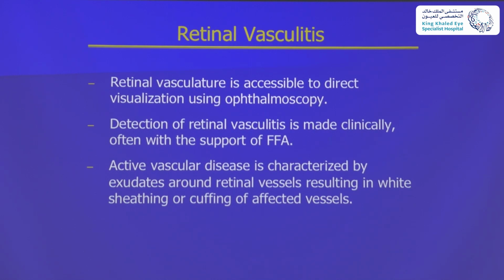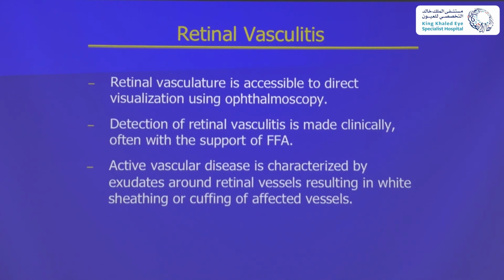In ophthalmology, we are lucky because we can see the retinal vessels with our ophthalmoscopes. We don't need to take a biopsy to examine the retinal vessels, so it is accessible to direct visualization. Therefore, the diagnosis of retinal vasculitis is a clinical diagnosis based on clinical examination and helped by fluorescein angiography.